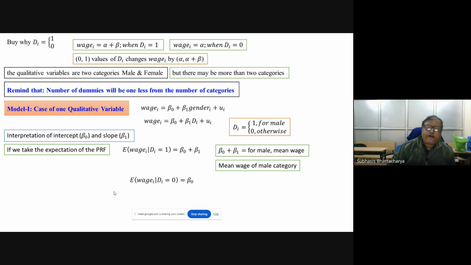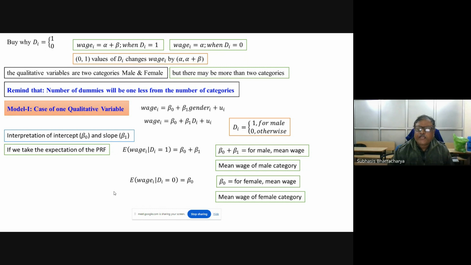Similarly, if we find the expected value of wage given Di equal to 0, it is beta 0, and that is the mean wage for the female category. So you find the difference. The mean wage of the male category is beta 0 plus beta 1.